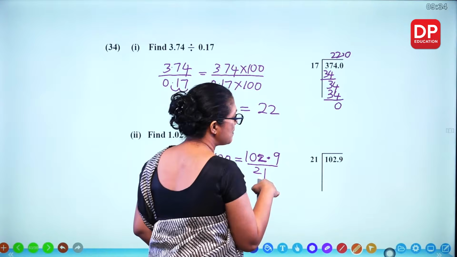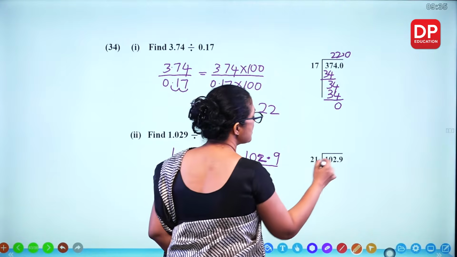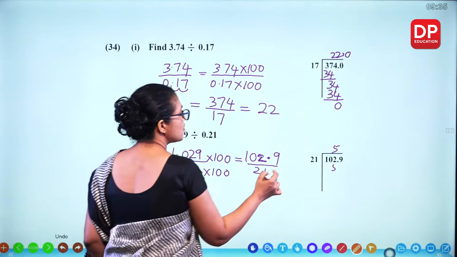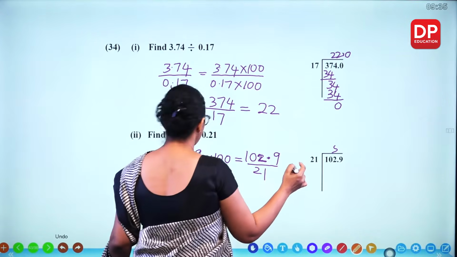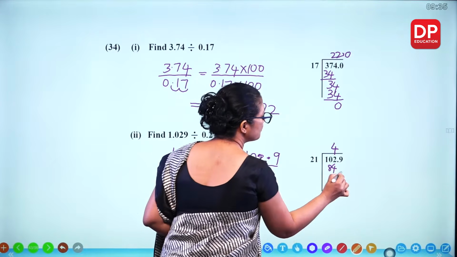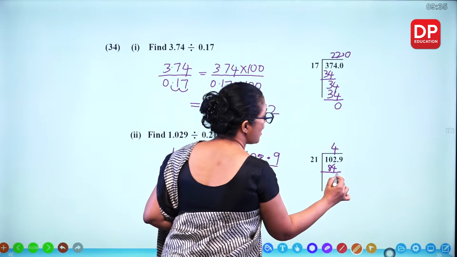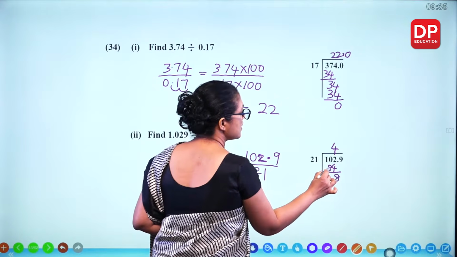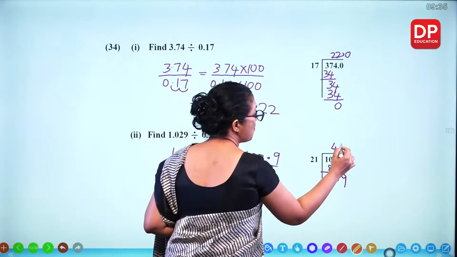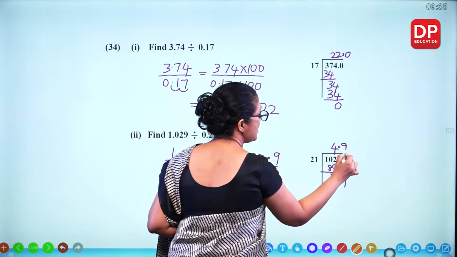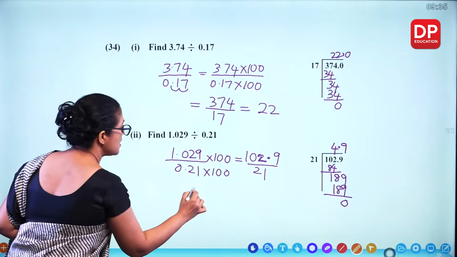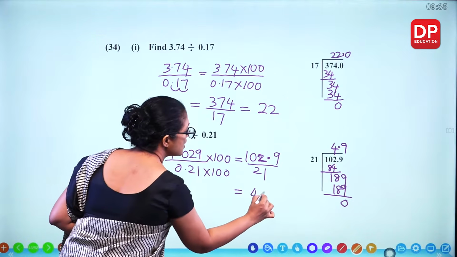Now divide. 21 times 5 is too big, so we'll take 4. 21 times 4, you get this. Subtract, 8, so 18 for 189. Multiply by 9. So here you get 9 here. 0. So what's the answer? 4.9.